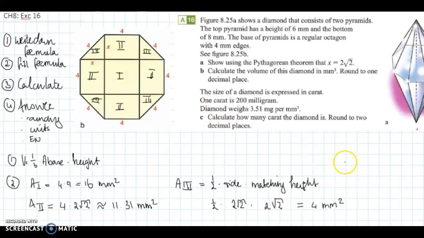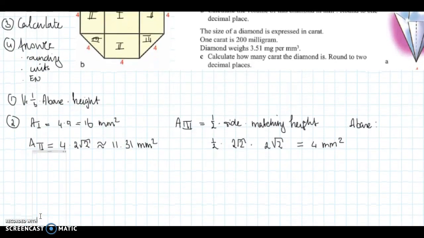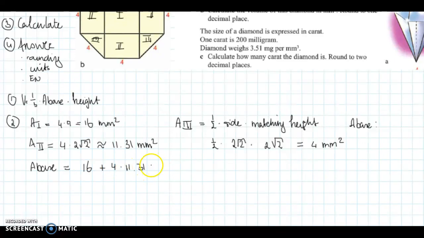Okay, so the area of the base will be an addition of those, and then we have to make a bit of room here so you can still see it on the video. Yes, there it goes. So the area of the base will be first of all the square 16, then 4 times the rectangle, and 4 times the triangle.